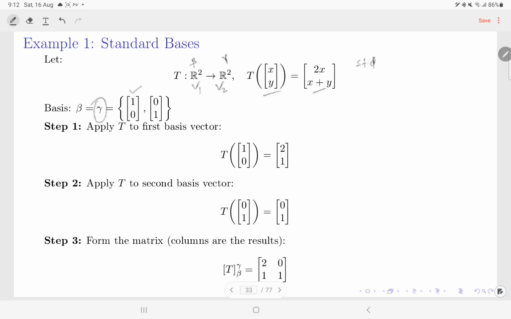Okay, how will we do that? For the first vector of basis beta, this is (1, 0), and applying the transformation, the first term will be 2x, that means 2 into 1, 2, and the second will be x plus y. So x plus 0 will be x, that means 1.